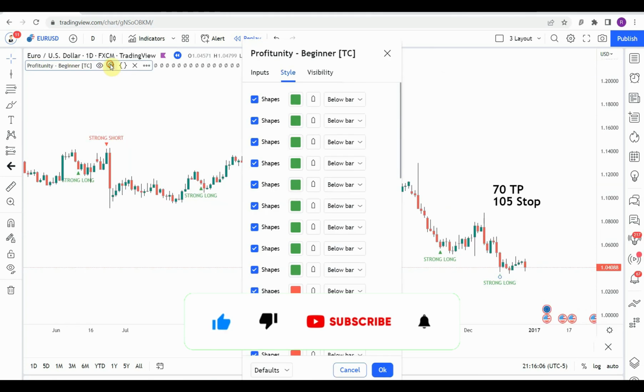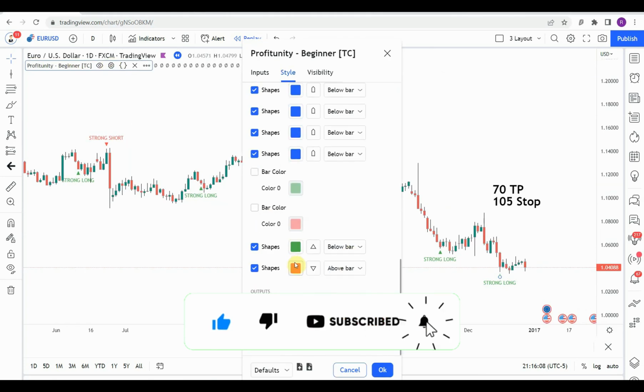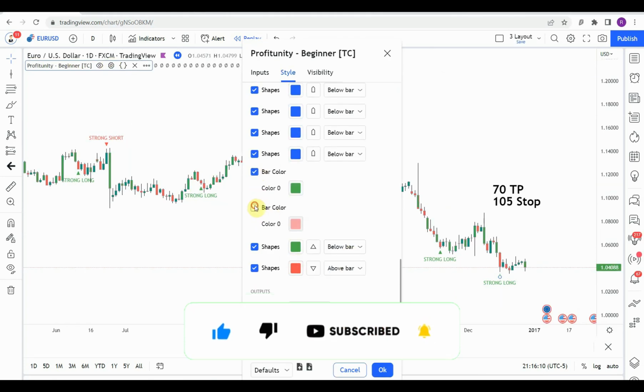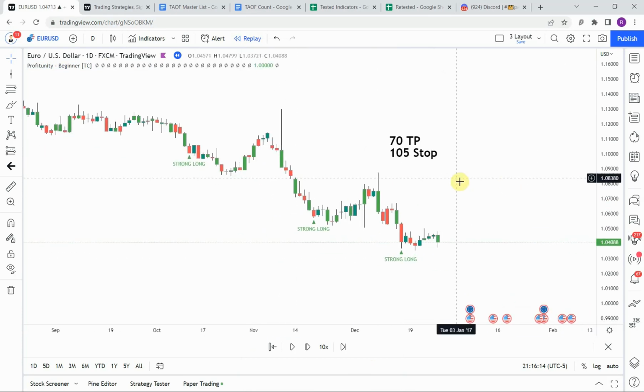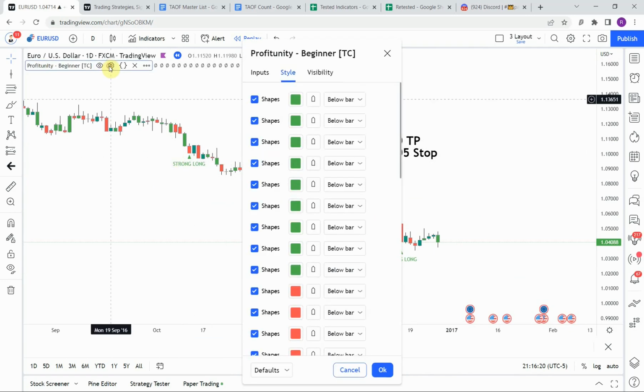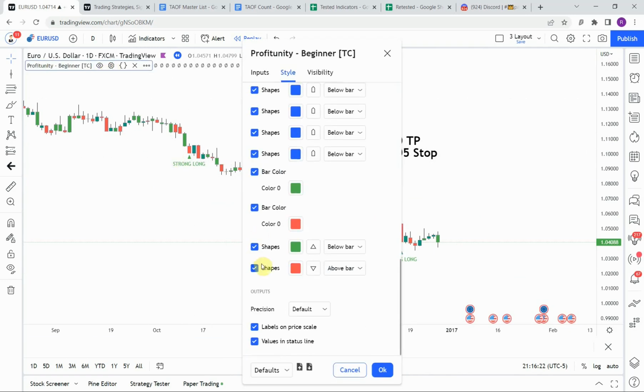I did go in and turn off the bar coloration. So bar coloration here was on, and you can see that it then changes the bar color, different shades of green and red. And so like I said, I did go in and turn those off.